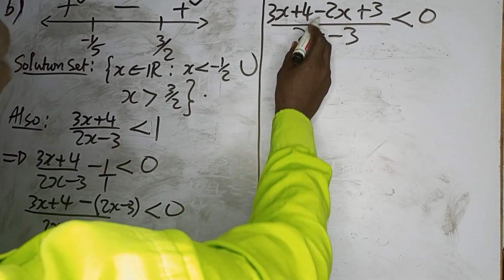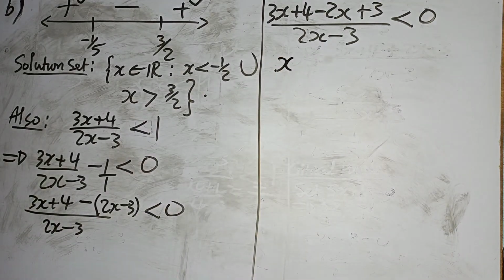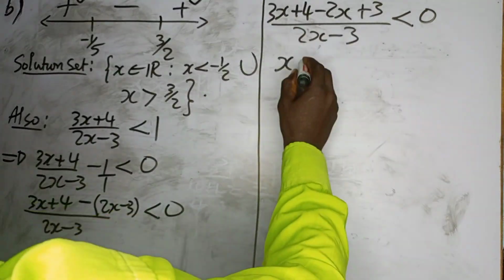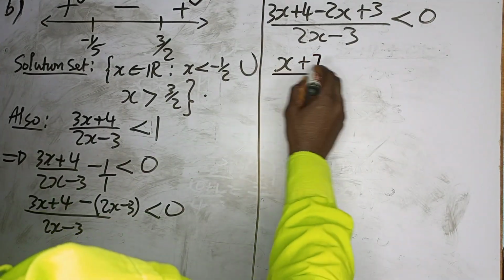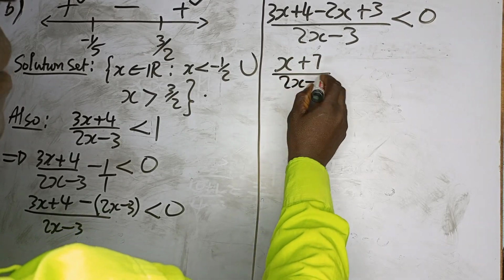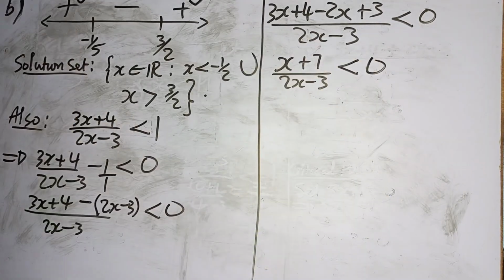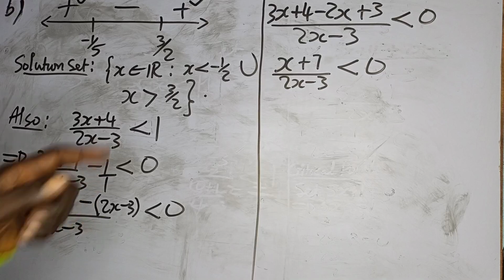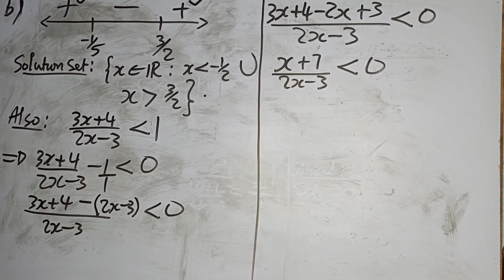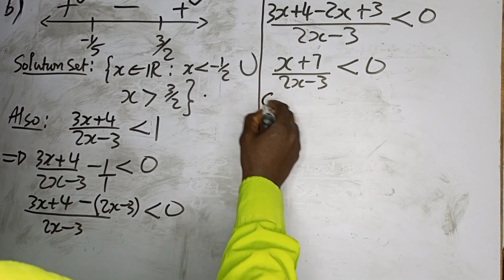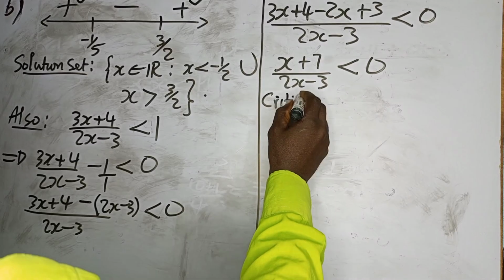3x minus 2x is just 1x. 4 plus 3 is 7. All over 2x minus 3 less than 0. So this is the new rational inequality that we obtain now. So we also look for the critical points.